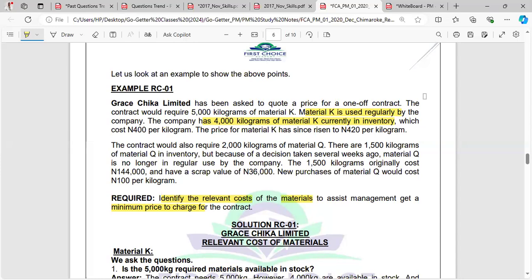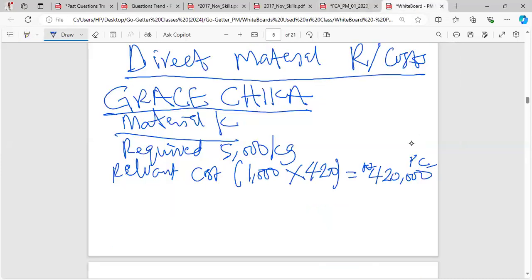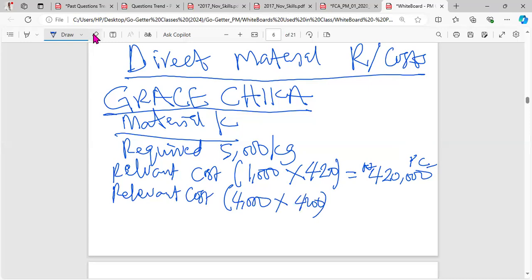We will still need to replace it because somebody will come and need it. So this 4,000, we will still replace it. So this is relevant costs, 4,000. We still replace it at 420 naira.